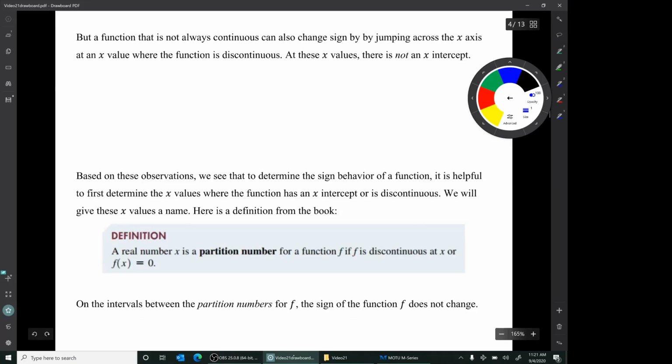But a function that's not always continuous can also change sign by jumping across the x-axis at an x value where the function is discontinuous. At these x values, there's not an x-intercept. So consider a graph like this one.